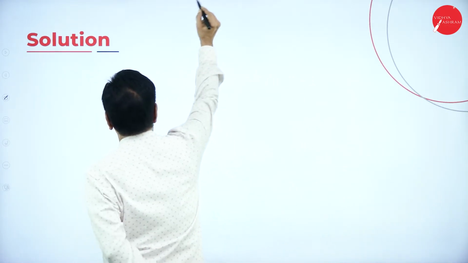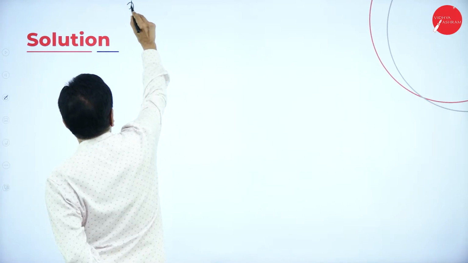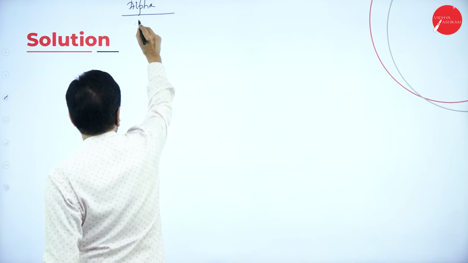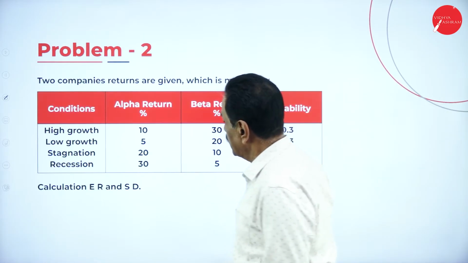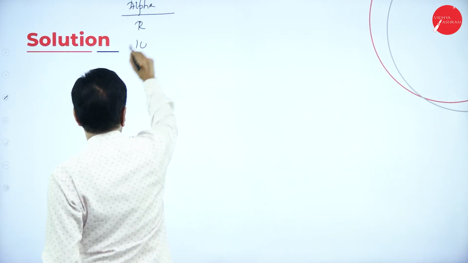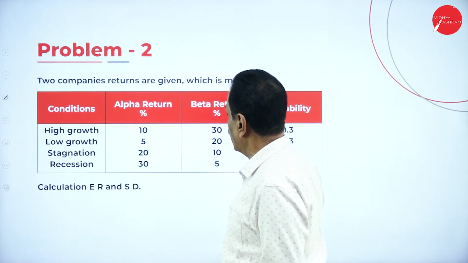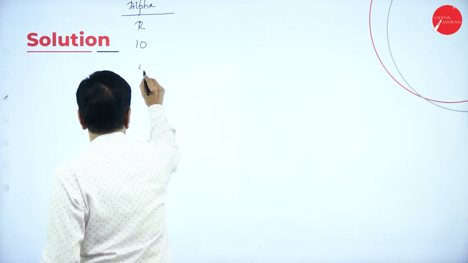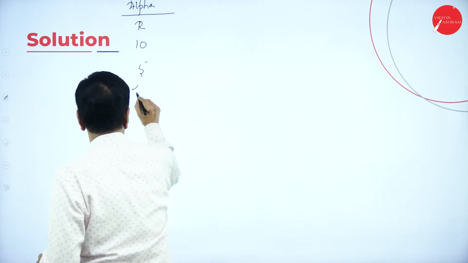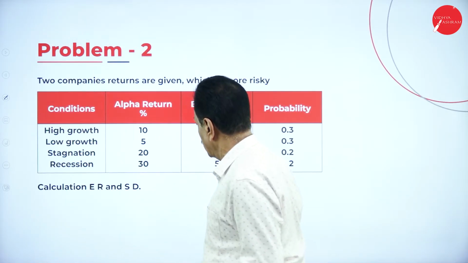Solution: alpha, then alpha return. So 10, 5, 20, 30.